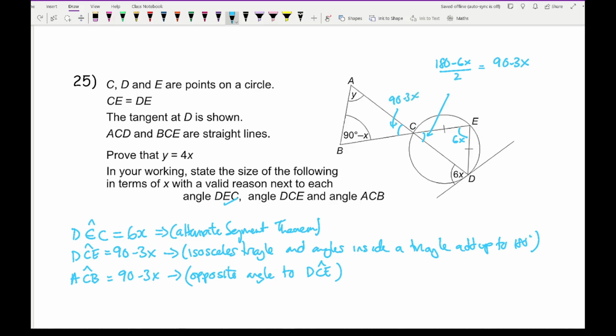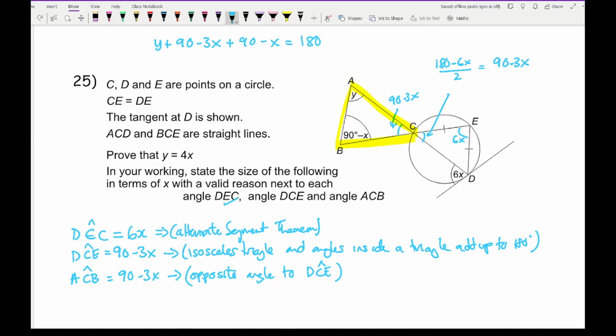So then proving that y equals 4x, well, what I'm going to do is take the triangle ABC. Let's highlight it properly. I know that all those angles need to add up to 180. So y plus 90 minus 3x plus 90 minus x all add up to 180.